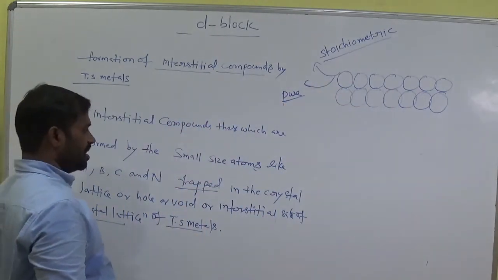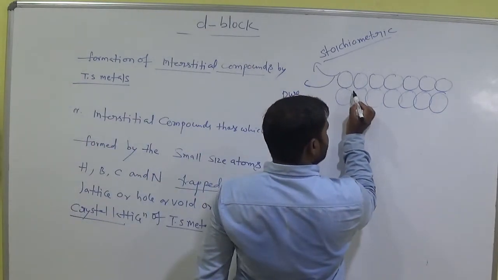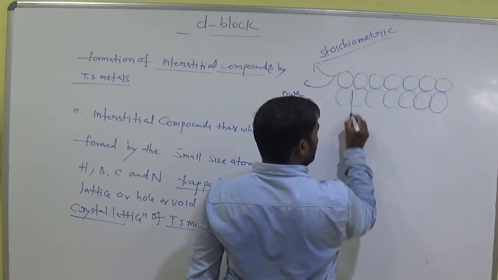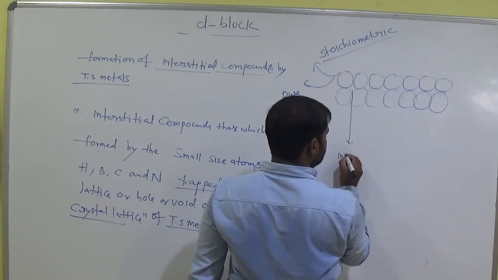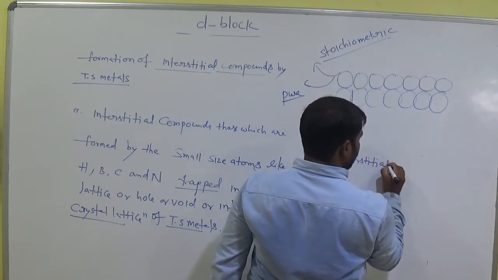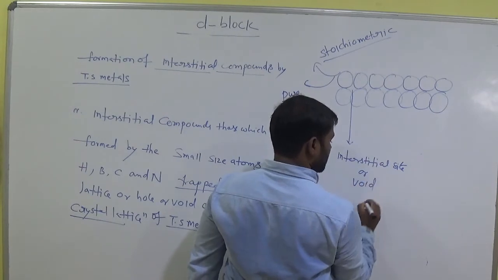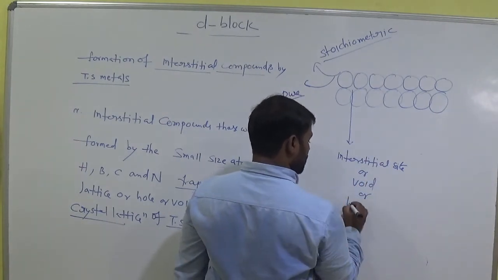Now, there is a space, and this space is called the interstitial site or void or hole.